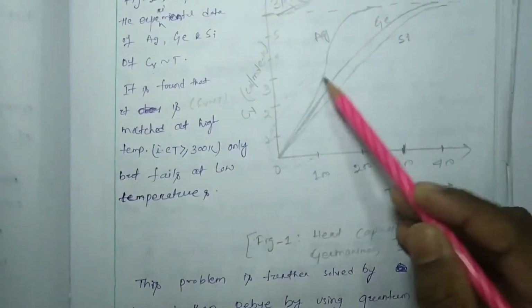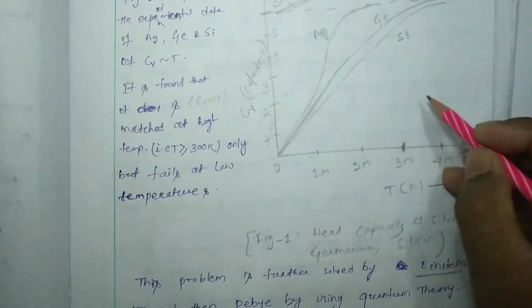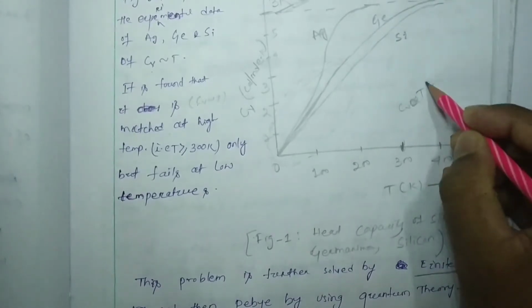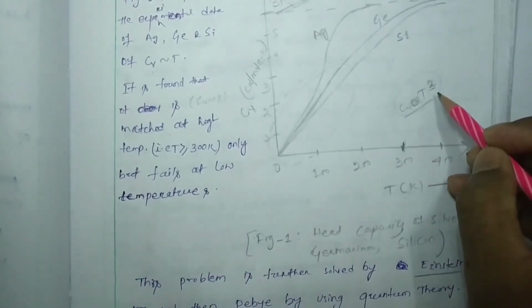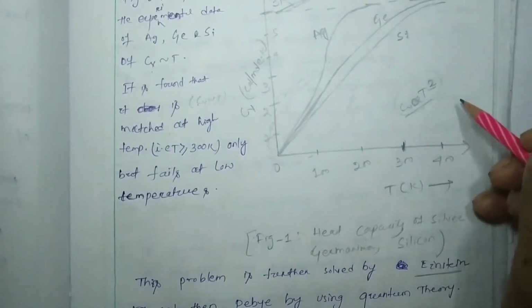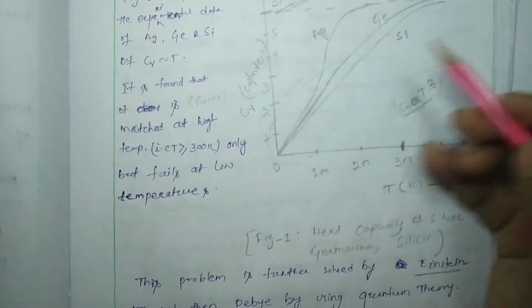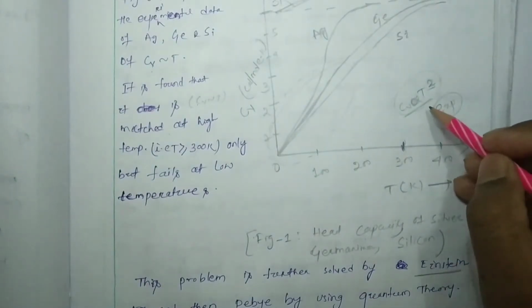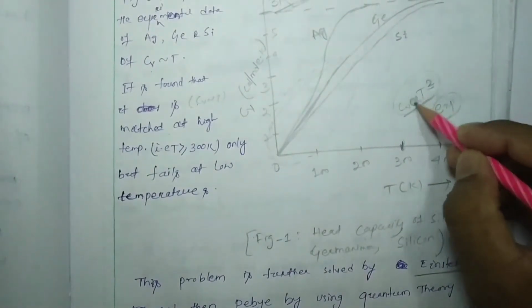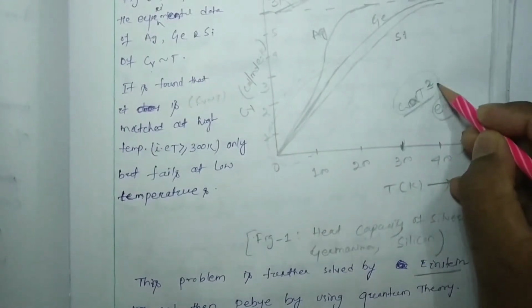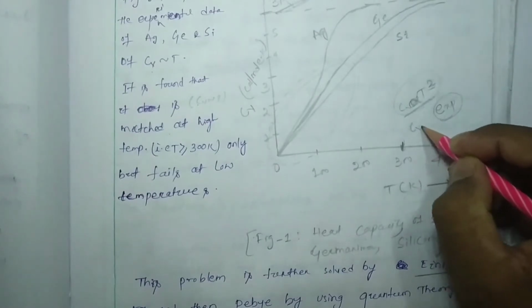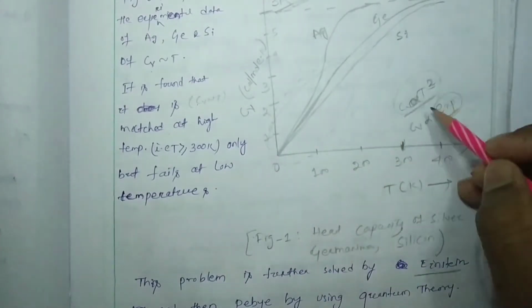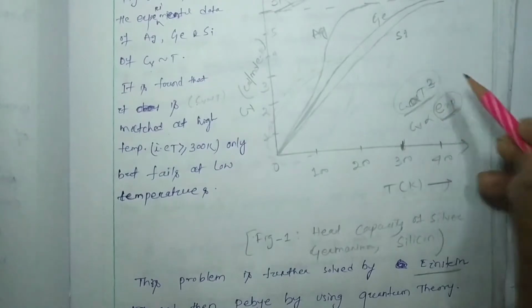At low temperature, experimentally Cv is proportional to T cubed. But the Einstein model told that Cv increases exponentially, whereas actually it increases in the form of T cubed.